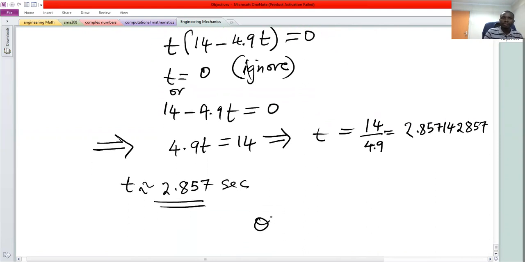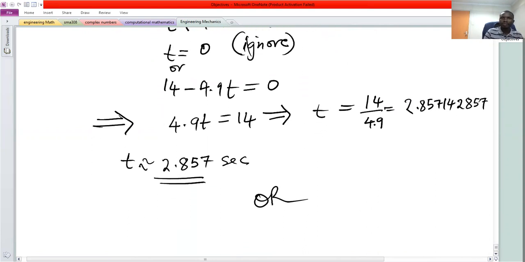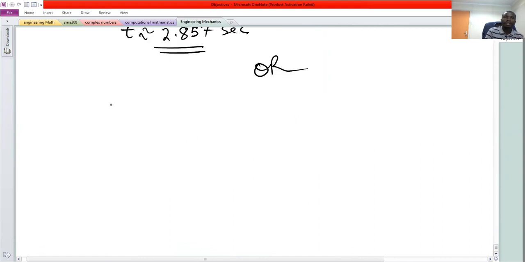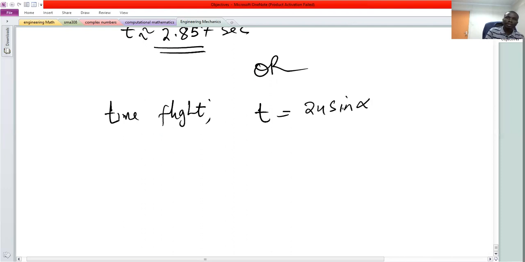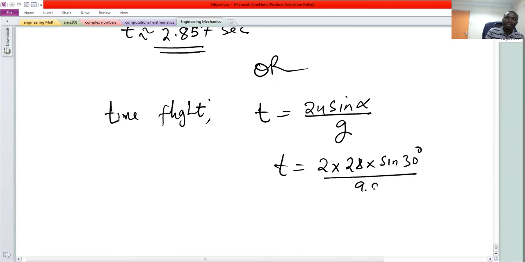But also, in our previous derivation, we said that the time of flight is given by t equals 2u sine alpha divided by g. So that will be 2 times 28 times sine of 30 degrees divided by 9.8.